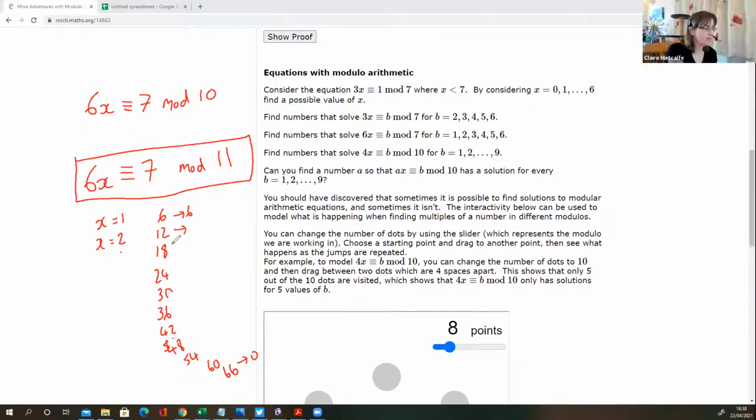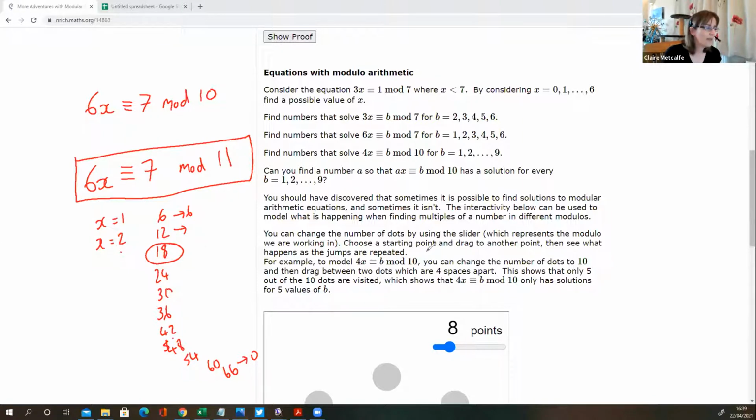Yep, I think there's going to be just one solution, which is the x equals 3 case. So the problem wasn't that 6 times x was even. There was something involving the modulus as well, and there's some connection going on there.